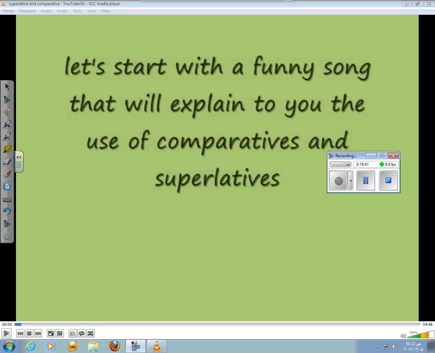Now it's the end of today's lesson. We discussed today the three ways of comparing between things using adjectives. Either I say as adjective as when I'm comparing between things that are equal in what I describe, or when I'm comparing between two, I'll use the comparative adjective, where I add er plus than.